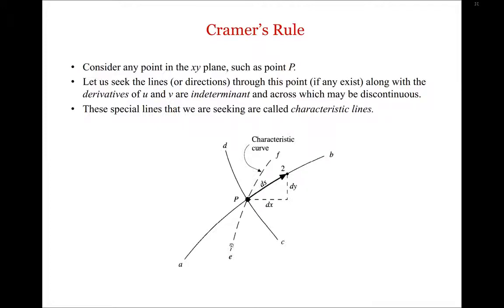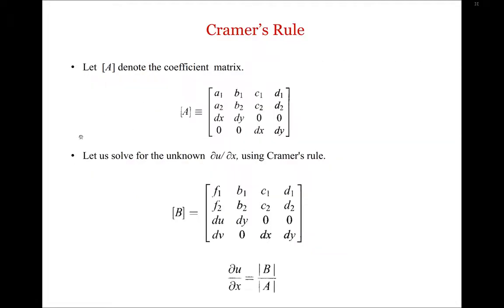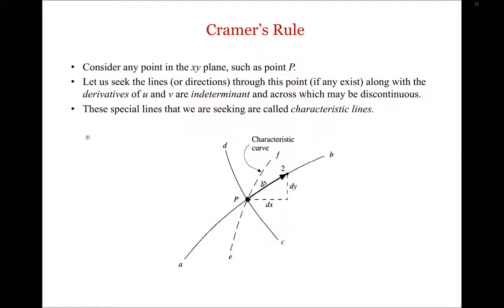For example, in this case, along these the derivatives of u and v are indeterminate, and across them they may be considered discontinuous. So I am talking about these lines, these characteristic curves.